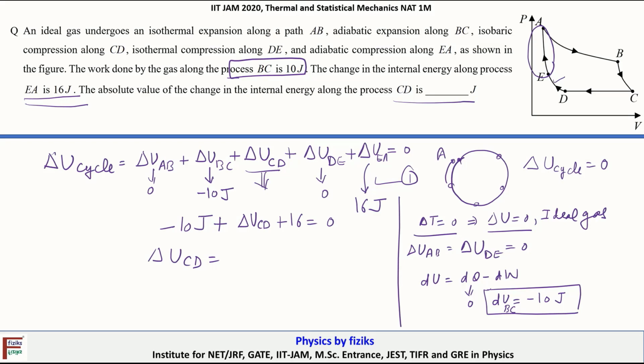When we take it to the other side, ultimately this is minus 6 joule. But we are asked the absolute value of the change in internal energy along the process CD. So the absolute value of delta U CD is equal to 6 joule. So 6 joule is our answer.